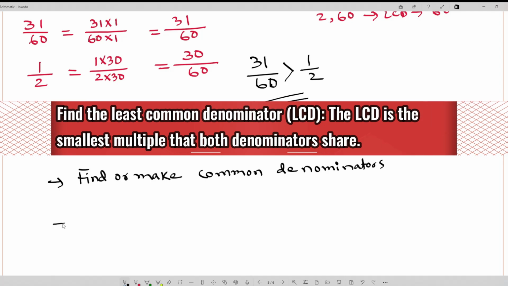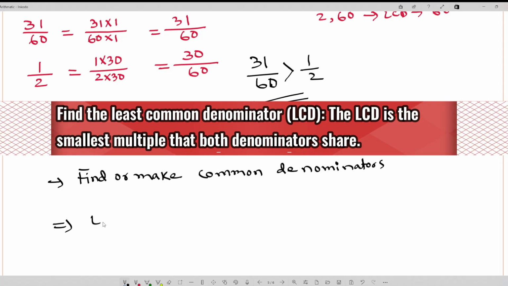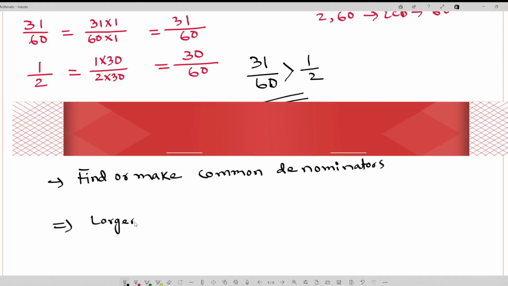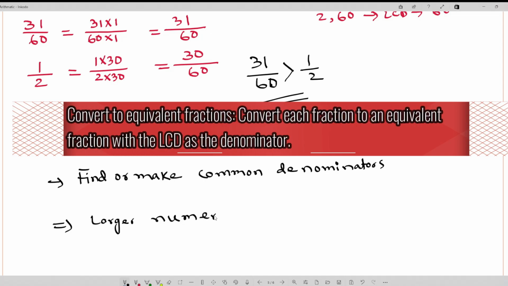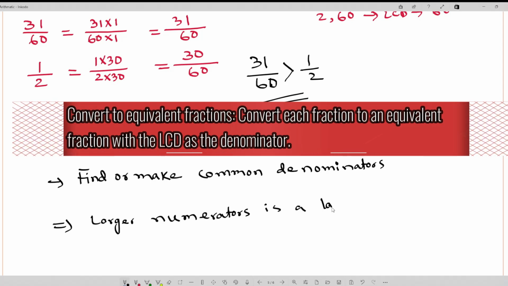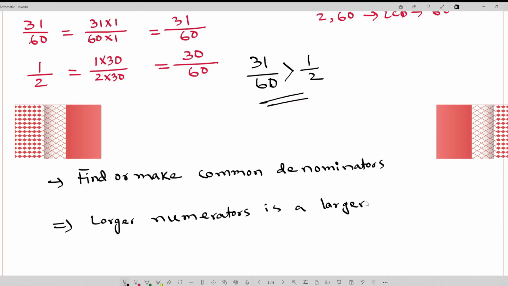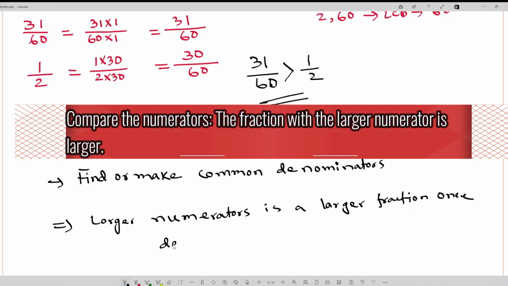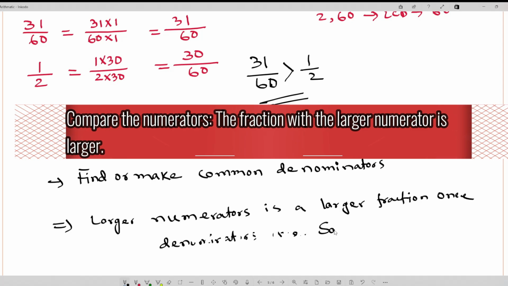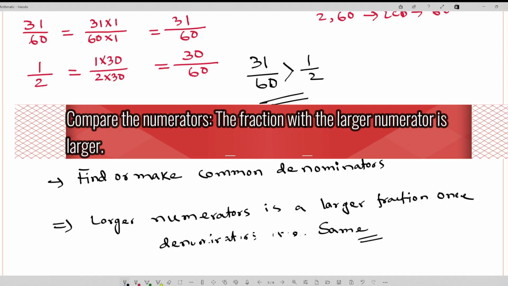This is one point, and another point is that the larger numerator is the larger fraction once the denominators are the same. Okay, hope you understand this one.